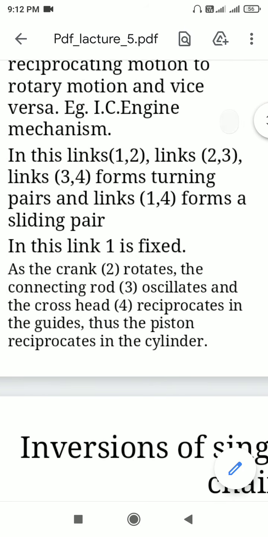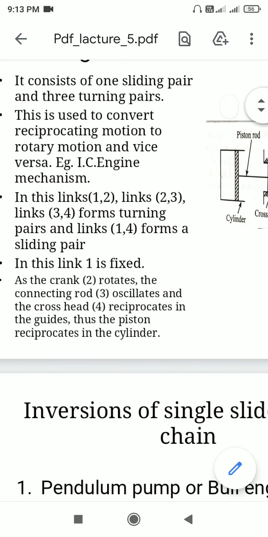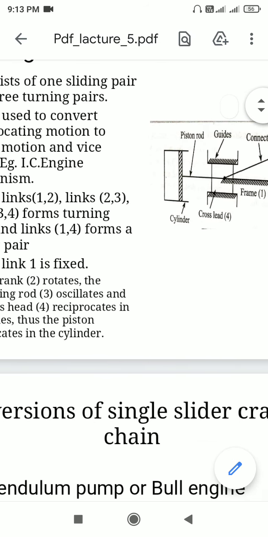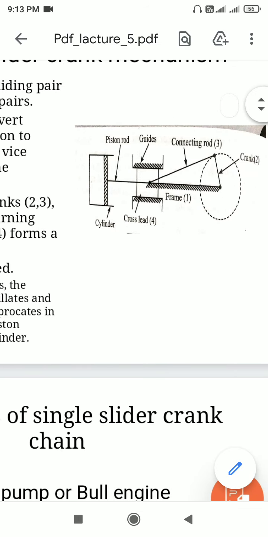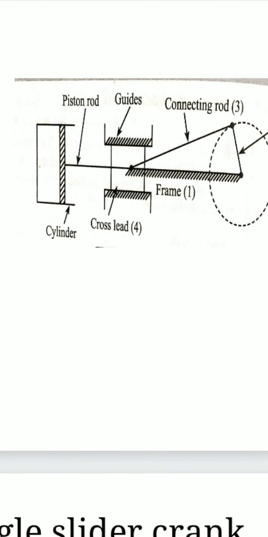As it is written here, as link 2 rotates, the connecting rod 3 oscillates and the cross head reciprocates inside the guides. Thus the piston reciprocates inside the cylinder. As the crank rotates, the connecting rod oscillates, and as it oscillates, it transmits its motion to the cross head, which reciprocates and in turn transmits the linear motion to the piston rod, and the piston reciprocates inside the cylinder.